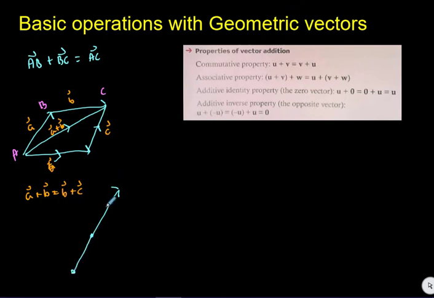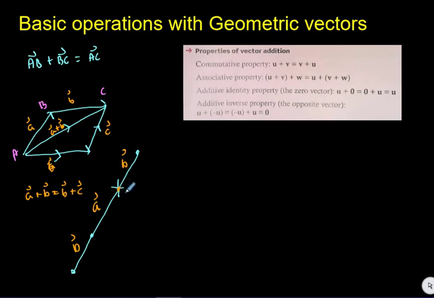If this is vector A, and we let this be vector B, then just like we've done in the other video, we know we can take this vector B and move it in any direction and it'd still be equivalent. So if I move vector B to right here, what happens? They end up at a point, 0.